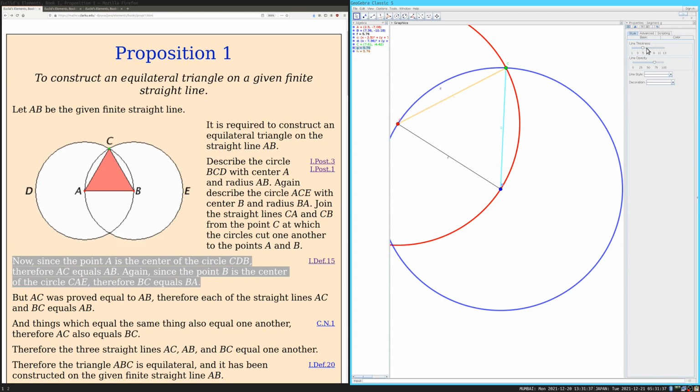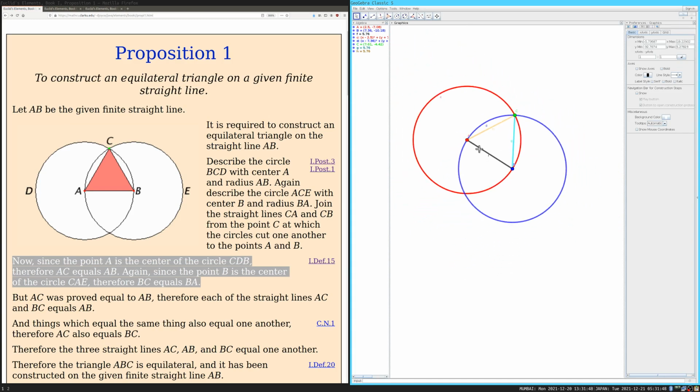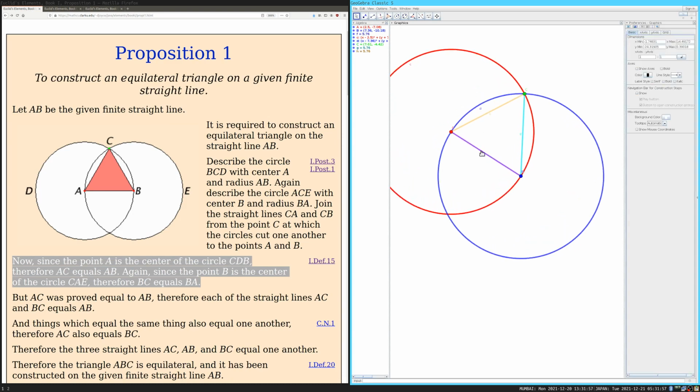Hate this program so much. Okay, and let's make this original one purple, because then the color scheme is consistent. So purple equals turquoise because they're both radiuses of the same circle.